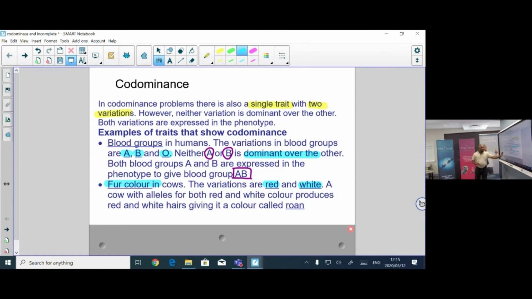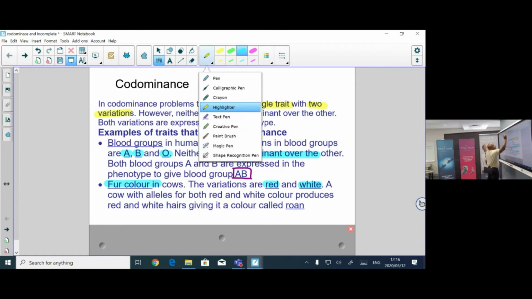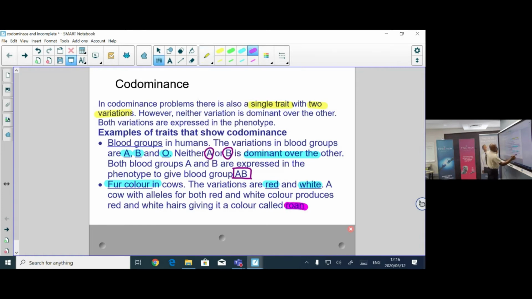The alleles for both red and white color produce red and white hairs. So you find red and white hairs on the cow, and we can say it's a roan color, which means neither red nor white is dominant over the other, but they are co-sharing their color. You can see red hairs, you can see white hairs on the animal. That is codominance.